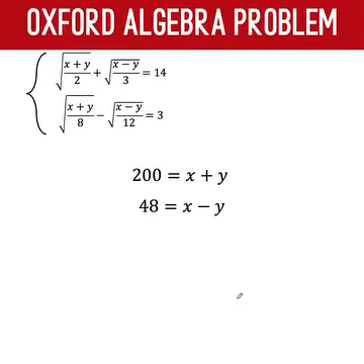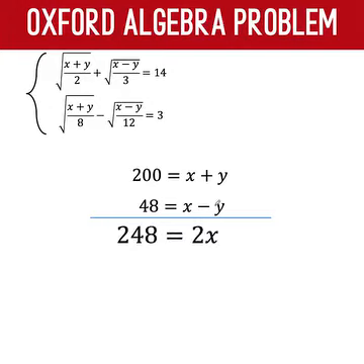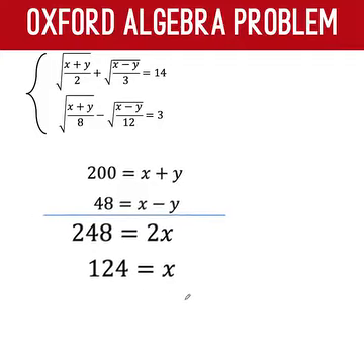So we add these two equations to arrive at 200 plus 48 equals 248, x plus x is 2x, y plus negative y is 0. So we did not write the variable y anymore. And solving for x is 248 over 2, or x is equal to 124.